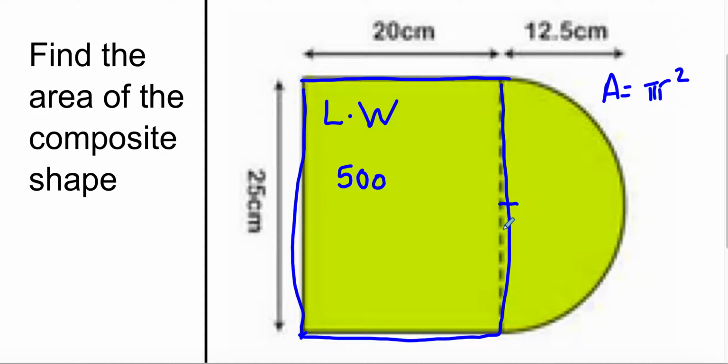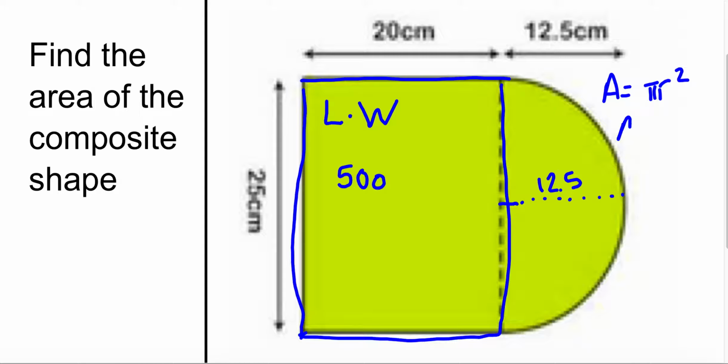You have it in two different places. First of all, we know that the diameter is 25 because it's going to be the same length as this side. Or we have this dimension right here telling me that from this line to the edge of the circle is 12.5 centimeters. So you can find that information from either point.